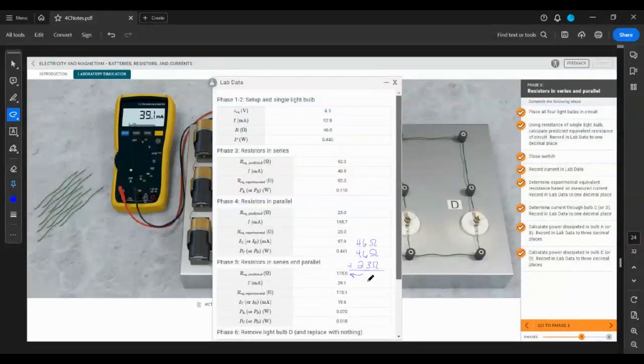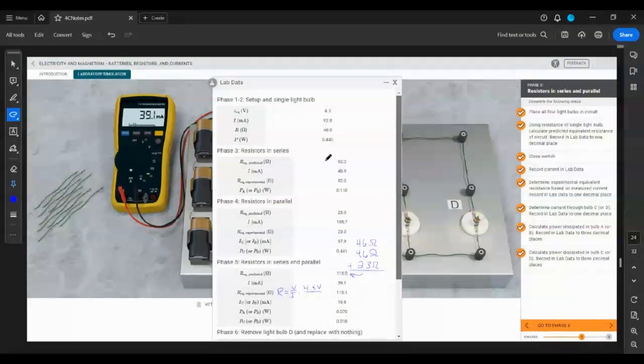So the current, read straight from here, is 39.1 milliamps. When we go to find the resistance, we want to remember that resistance is equal to potential divided by current. Your potential is going to come from the three batteries, which are 1.5 volts each, so it's 4.5 volts.